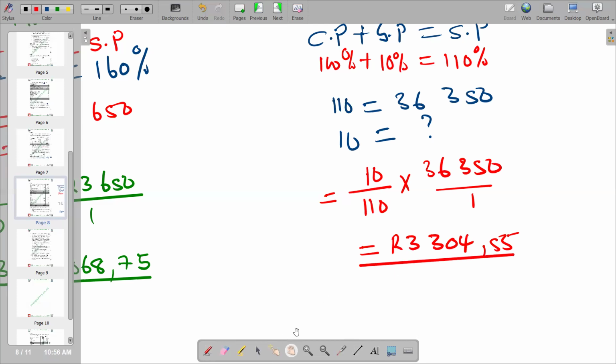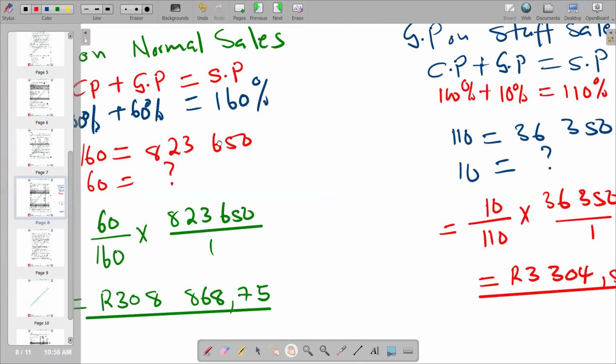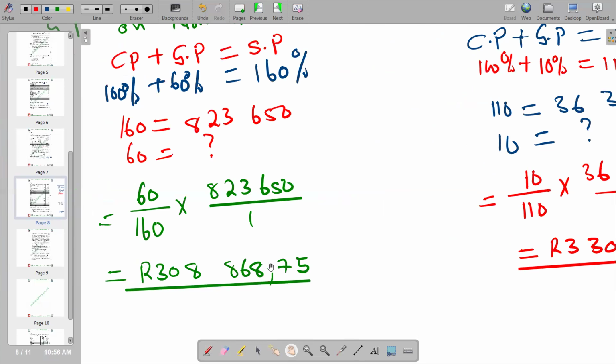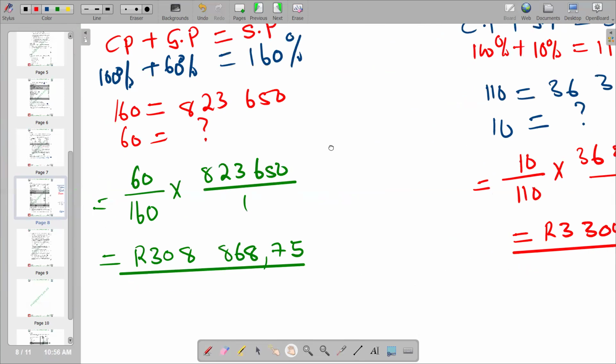So we now have our gross profit on staff sales and gross profit on normal sales. So we are going to add the two figures to get the total gross profit.